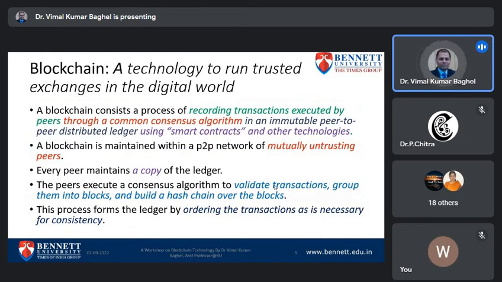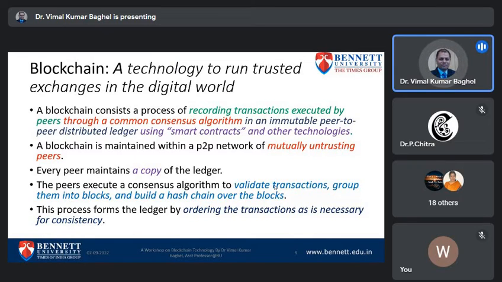Right now, let us focus on what blockchain technology is and how it basically works. Blockchain technology is a technology that is used to run trusted exchanges in the digital world.